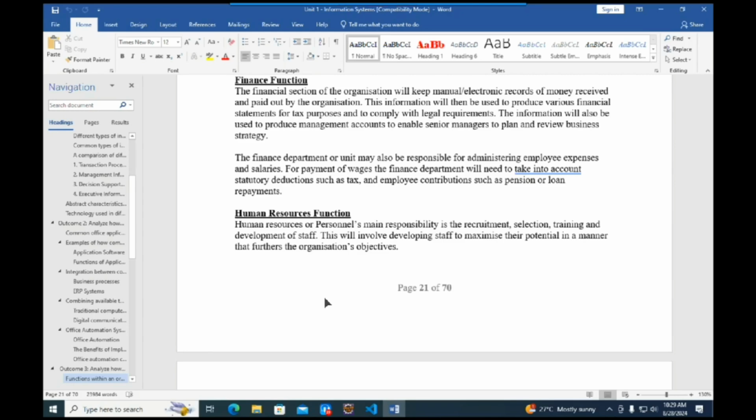So they keep transactions, and this information will be used to generate financial statements, maybe to enable taxation, for example, or just to make sure that the organization is complying with the legal requirements.